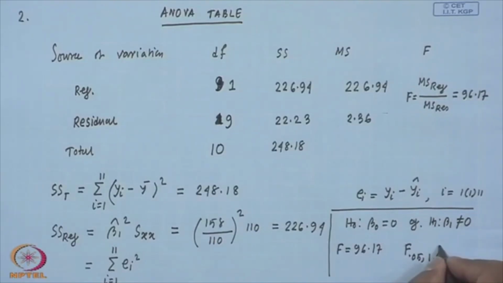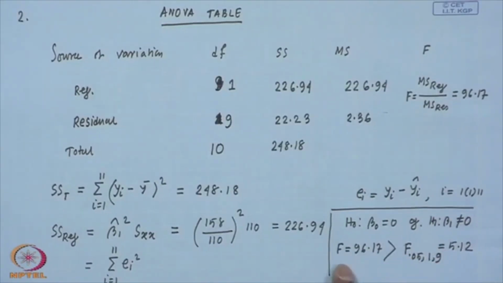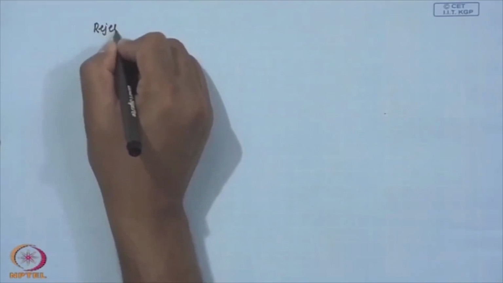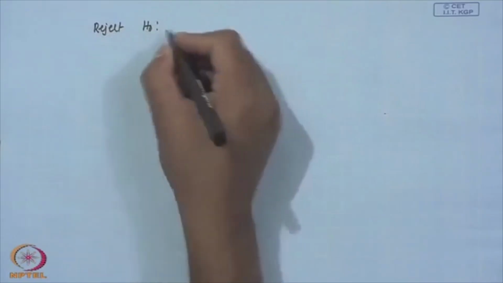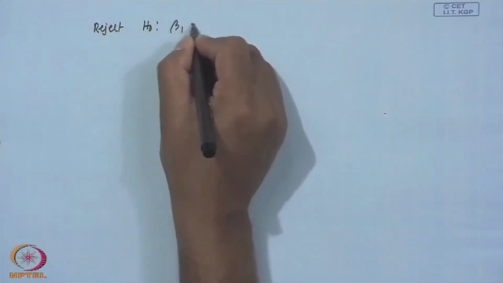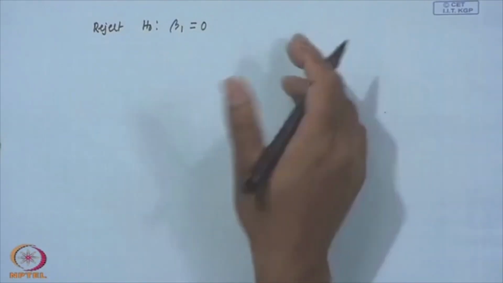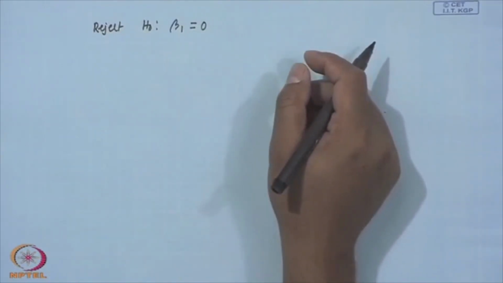So, that is equal to 5.12. So, the observed F is greater than the tabulated F. So, the conclusion is that we reject H naught, that is beta 1 equal to 0 is rejected. That means there is a linear relationship between y and x.